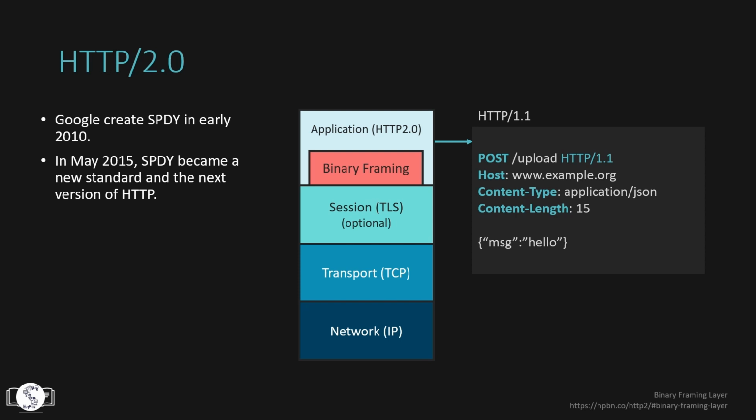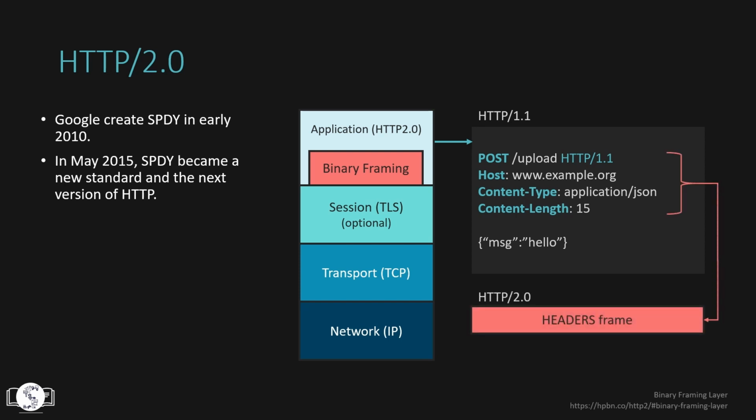Unlike HTTP/1, which keeps all requests and responses in plain text format, HTTP/2 uses the binary framing layer to encapsulate all messages in binary format while maintaining HTTP semantics such as verbs, methods, and headers that we are already familiar with in version 1.